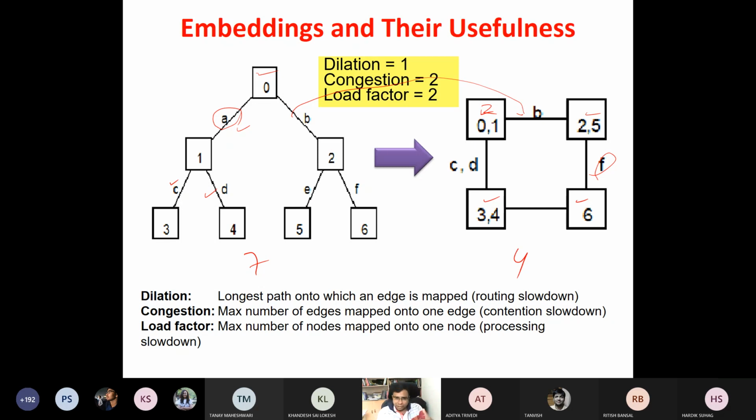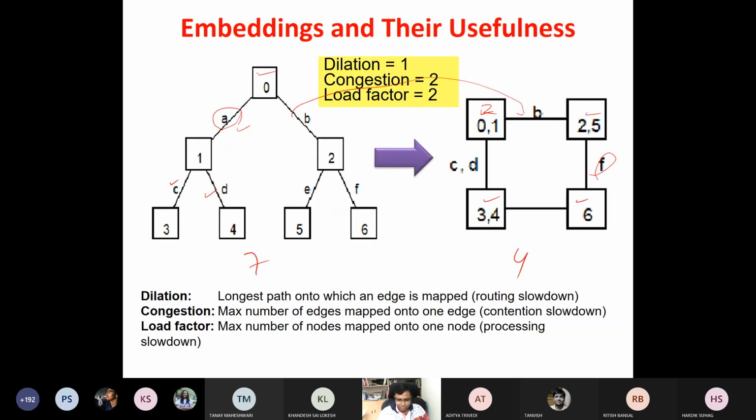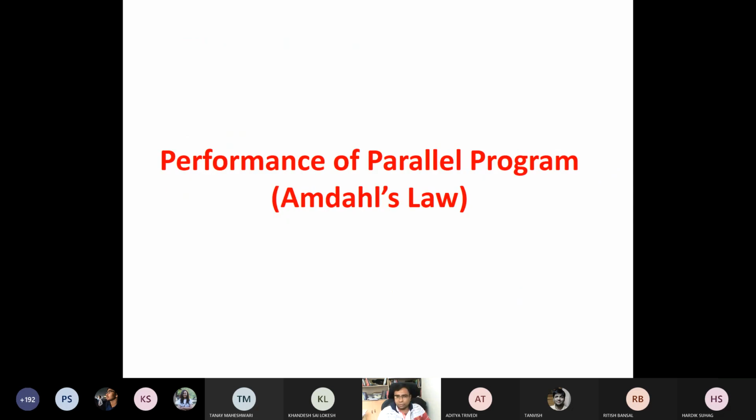HPC applications written for one supercomputer can be easily run, or nicely run, on another supercomputer. Got my point? So this finishes our network embedding, very simplistic with examples. Next we'll move towards performance of parallel programs.